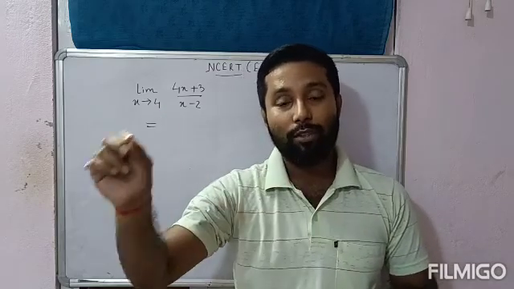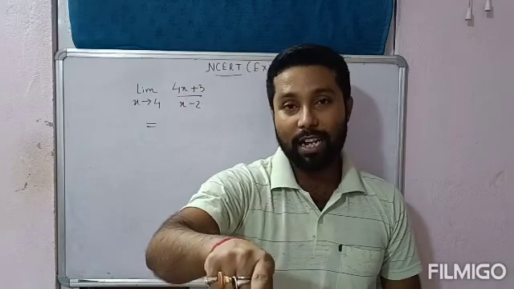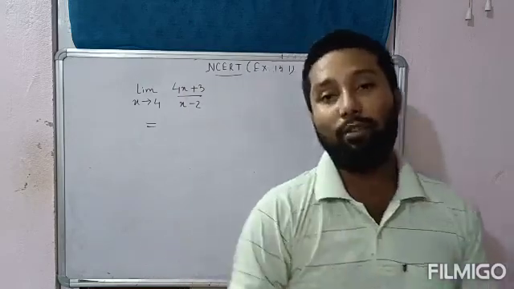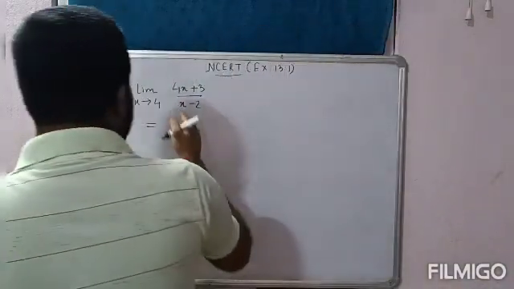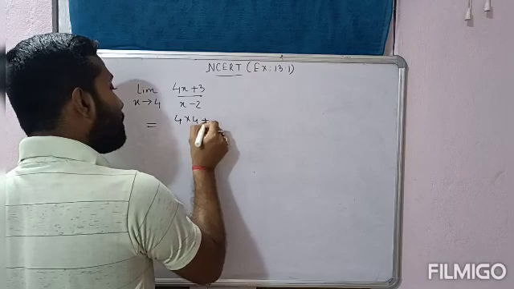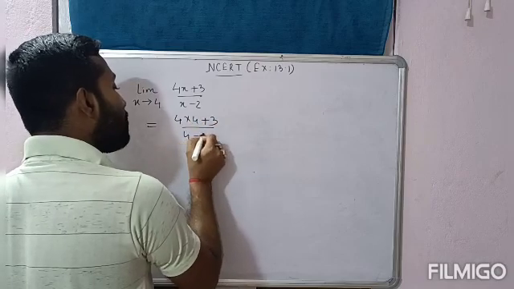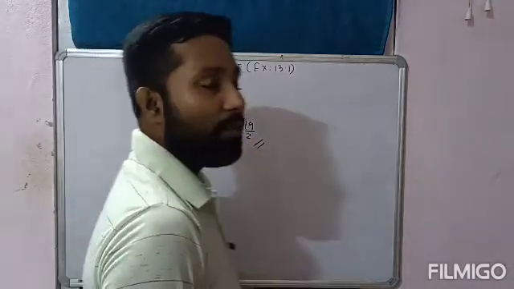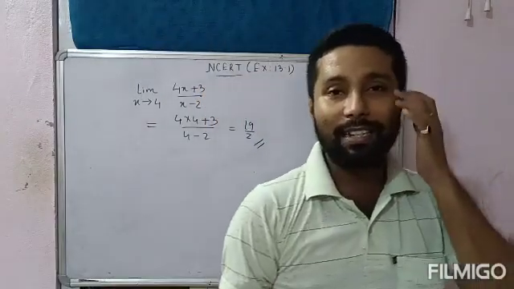Put x is equal to 4 in the given function if the function gives us a definite value. So 4 into 4, that is 16. 4 into 4 plus 3 divided by 4 minus 2, that is 19 by 2, which is a definite value only. And this is the required answer.